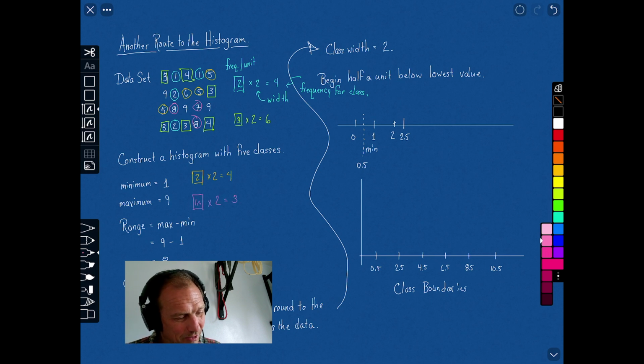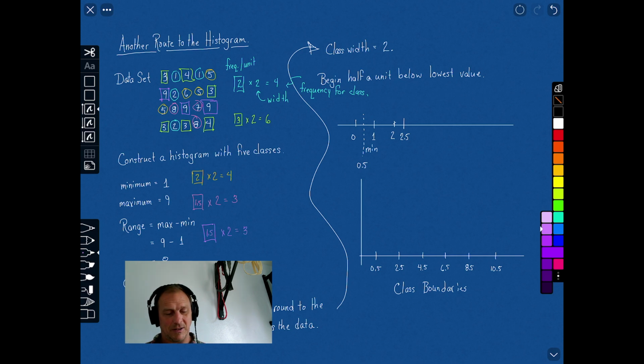Oh, that's 1.5. And then our last one, there's 3 9s. So if we were to do that one in this kind of pretty purple color, our 9s, and it's getting to be a lot of colors, our 9s would be blank times the width of 2 has to give me 3, in other words 1.5.